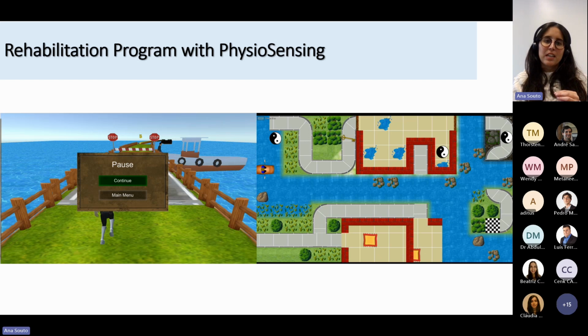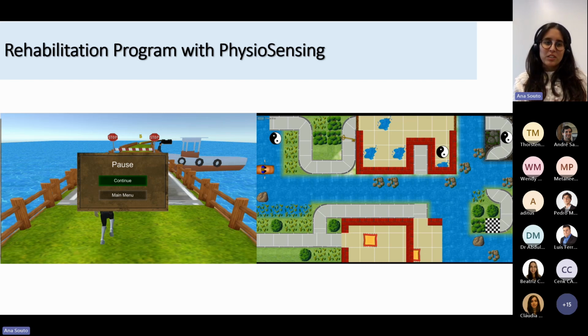And here the 2D games involve the movement of the body in all directions to keep on the path and to try to avoid some obstacles and collect specific items of the game.